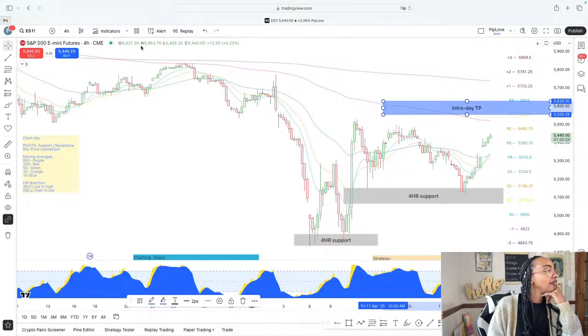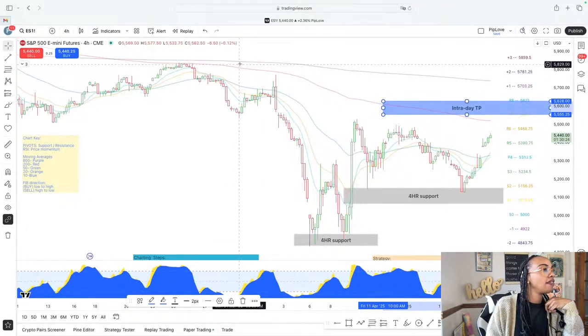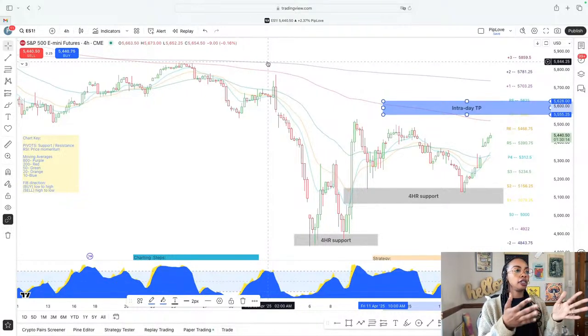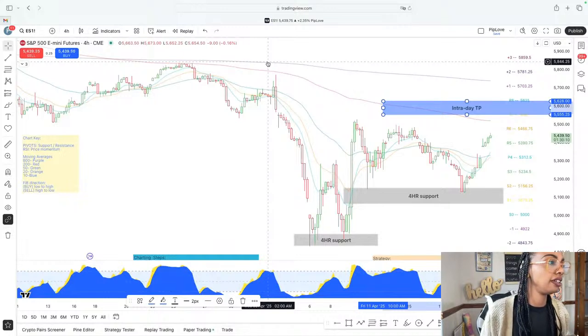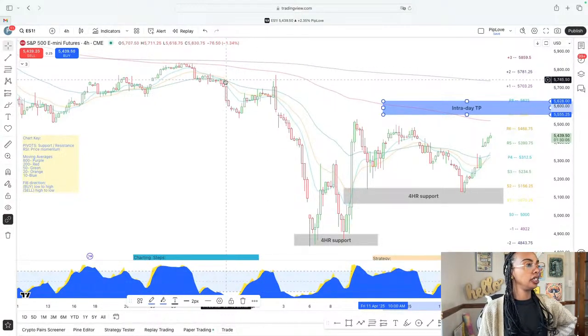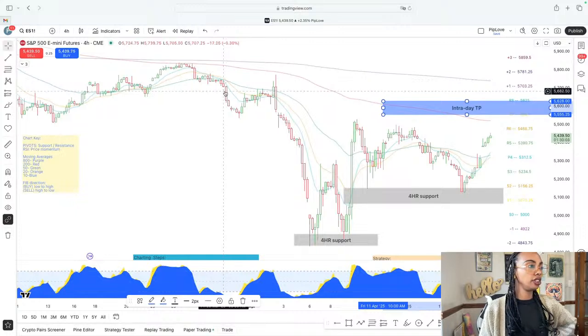Alrighty, our moving averages. I do keep our moving averages here. We have our 800 purple, 200 red, green is our 50, and then our short term. We use these to help us, again, spot support and resistance, and also to identify the trend. Typically, I like you guys to use the short-term EMA cross, this 10 and this 20 EMA.